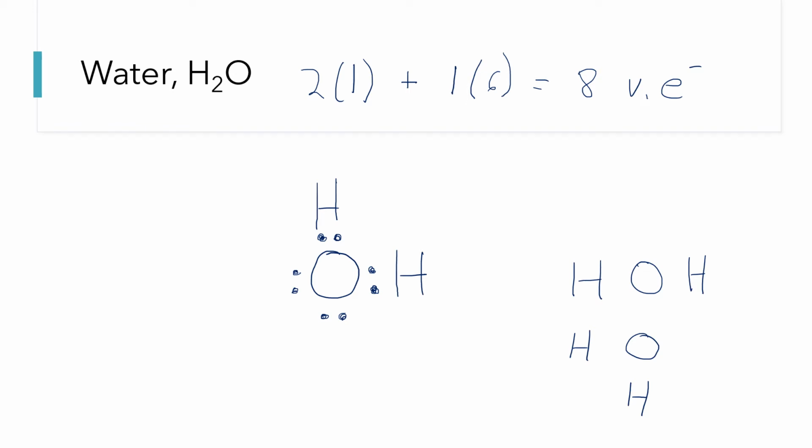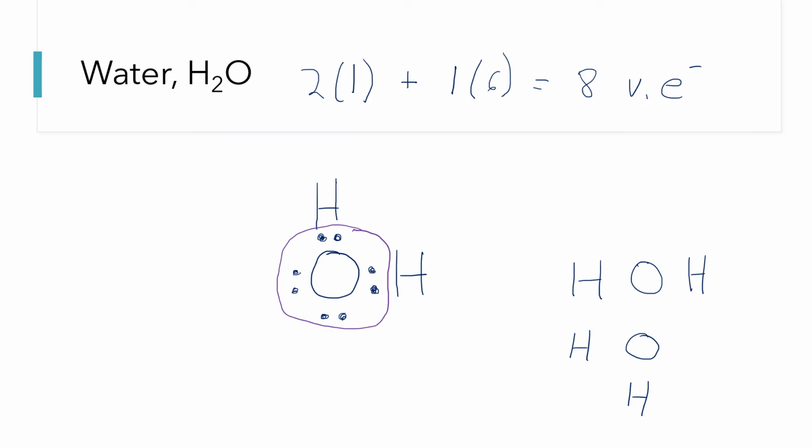Now to make sure that this is a valid Lewis dot structure, let's start by looking at the central oxygen atom. First, I want to make sure that there are 8 electrons immediately adjacent to that central oxygen, and there are. I'm going to circle those 8 electrons here. So that purple circle that I just drew is showing that there are 8 electrons around oxygen, which is its octet.